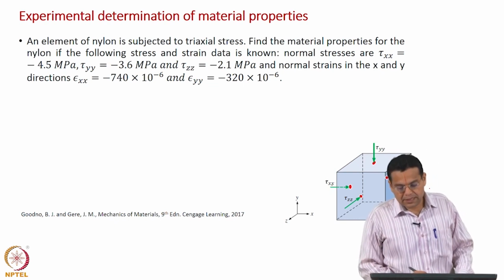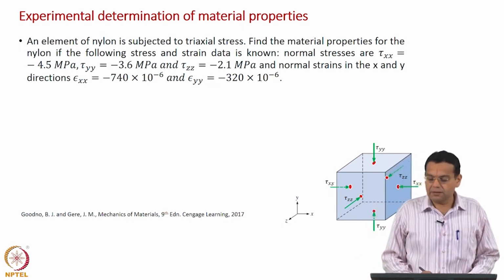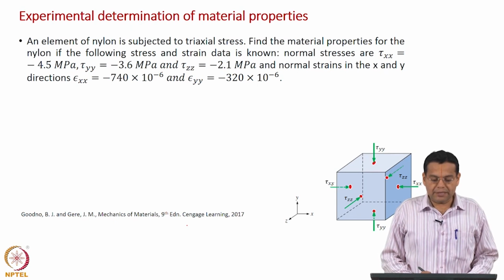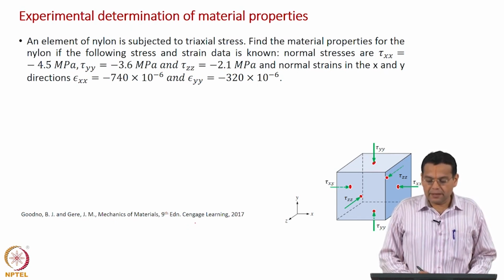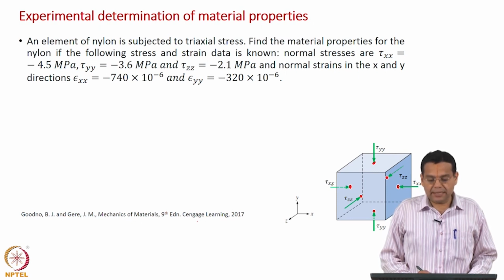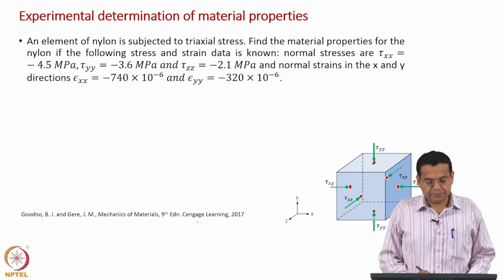The normal stresses tau xx, tau yy, tau zz are given, all of them compressive, and the normal strains in the x and y directions, epsilon xx and epsilon yy, are given to us.